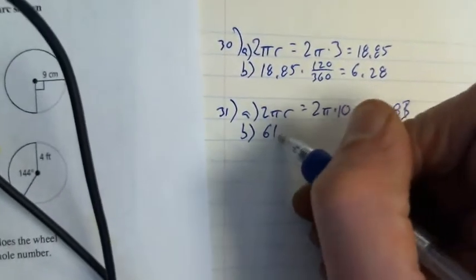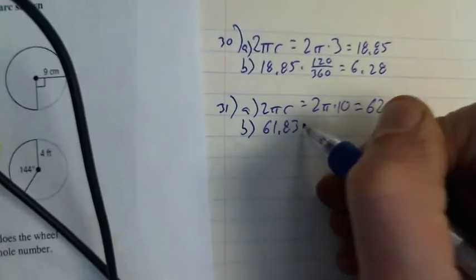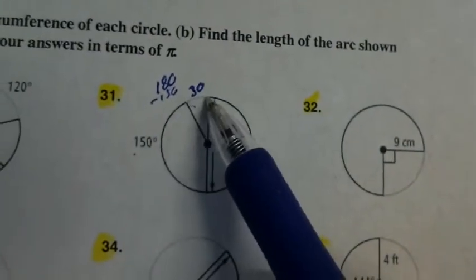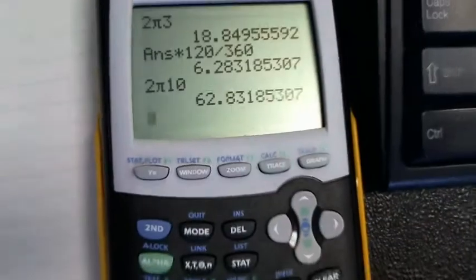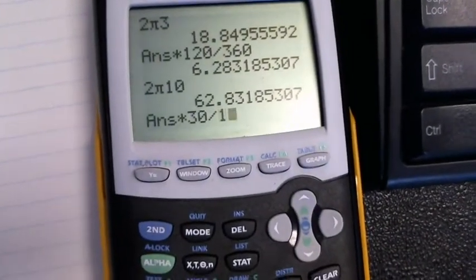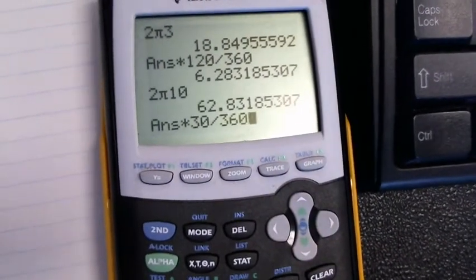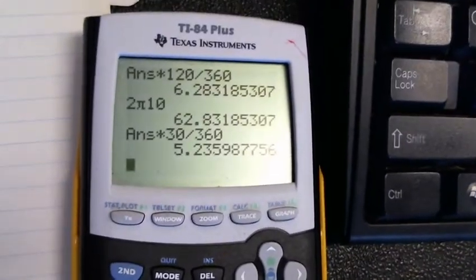B, we take that 61.83 and multiply it by the proportion that we use. We're using 30 out of 360. That's 5.24.